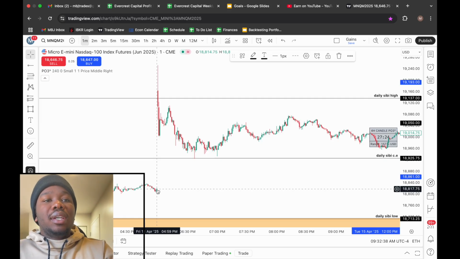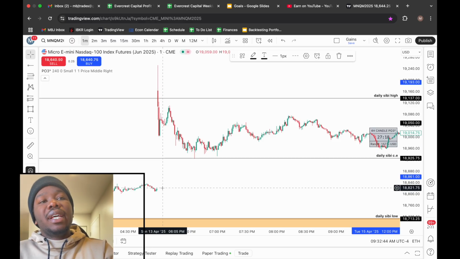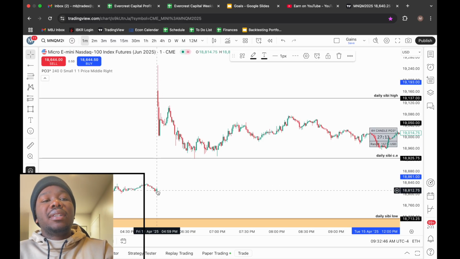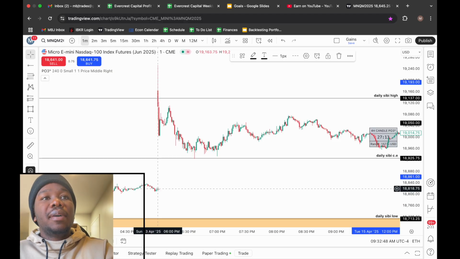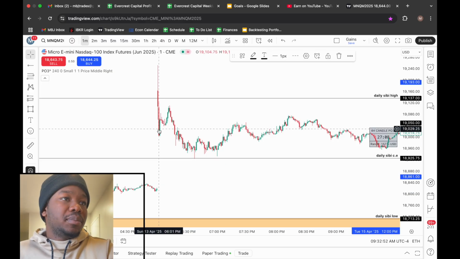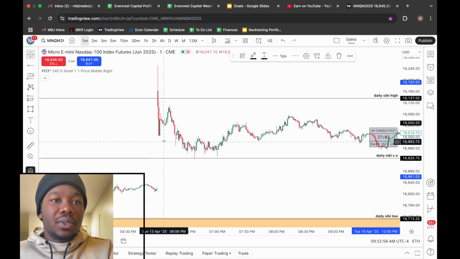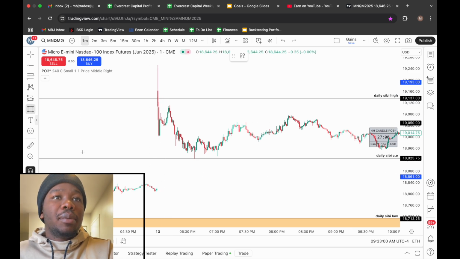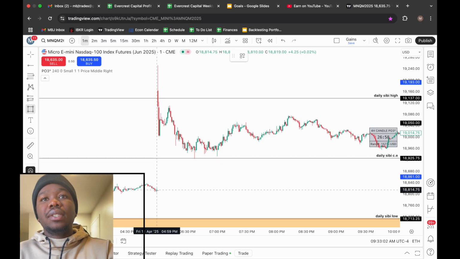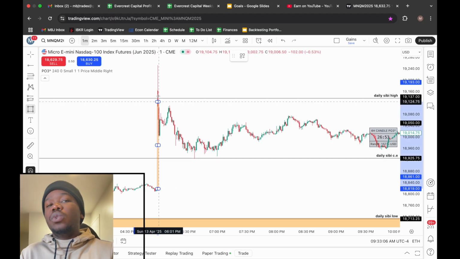The reason why is we would have closed right here when market closed on Friday, and then when market opened back on Sunday at 6 p.m., we opened up here. So this leaves this whole inefficiency. So I will mark it out from the time it closes to the time it opens, and I call it NWOG.